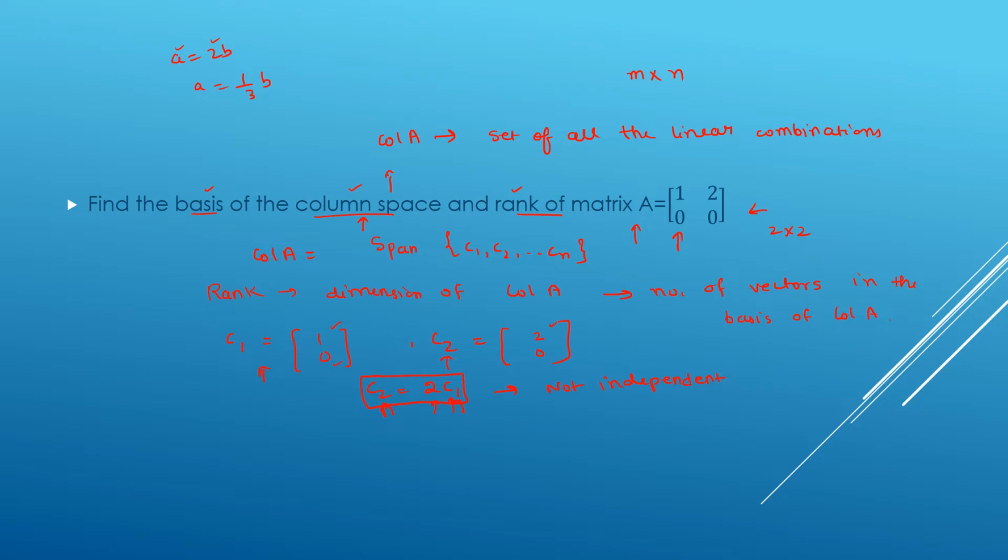So that means the column space for this matrix is only defined by one thing, which is C1, because C2 is basically dependent on C1, being twice of C1. That means the column space for this is only C1, 1 0.